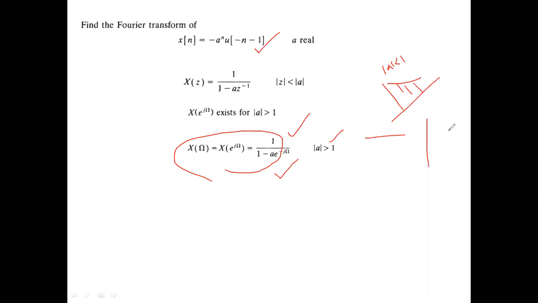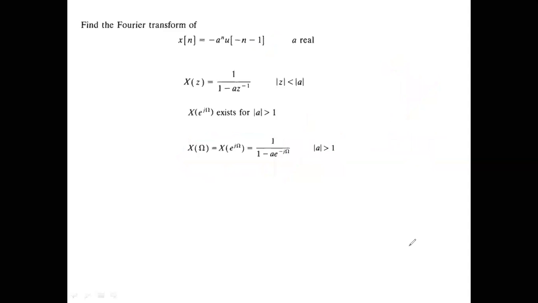If magnitude a is greater than 1, the left sided sequence is going to be a decaying exponential. So both signals have the same DTFT, but a to the power n u of n exists only for magnitude a less than 1, and the other exists only for magnitude a greater than 1. This is also important and sort of a trick question. Remember this.